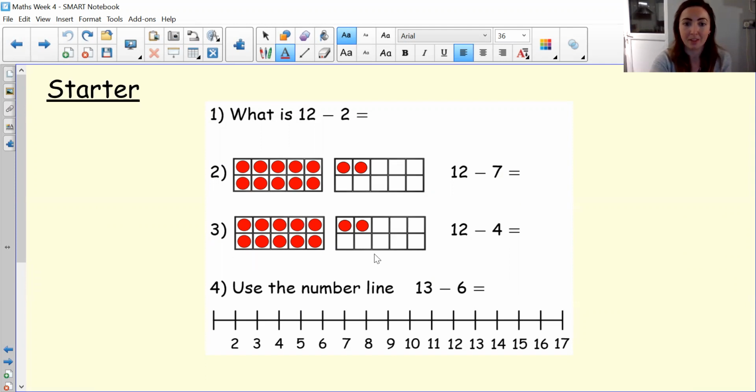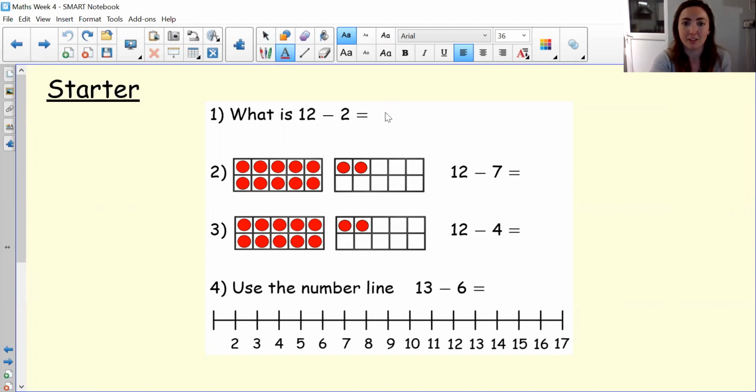Number three, again, you can use the 10 frames. What is 12 subtract 4? And this time, use the number line to work out 13 subtract 6.